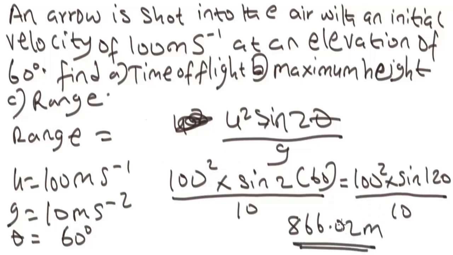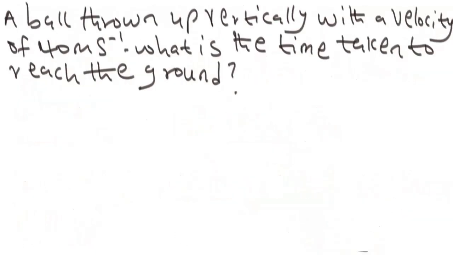Alright, so guys, this is how you can solve this particular problem. Let's solve one more problem, and after that you can call it a class. The question says a ball is thrown up vertically with a velocity of 40 meters per second. What is the time taken to reach the ground? That's time of flight.